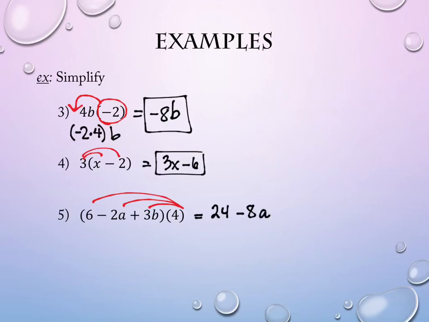And then 4 times 3b, 12b, plus 12b. None of those terms are alike. That b kind of looks like a 6. I'll try it a little bit better. None of those terms are like terms because their variables don't match, right? We have a constant at the beginning, a in the middle, b at the end. So we are done.